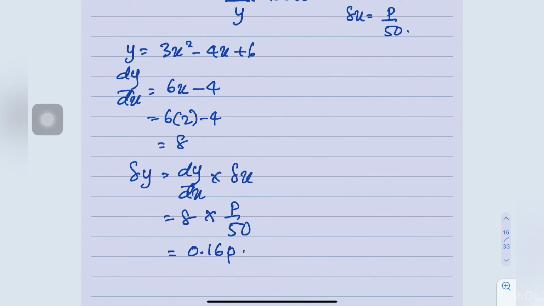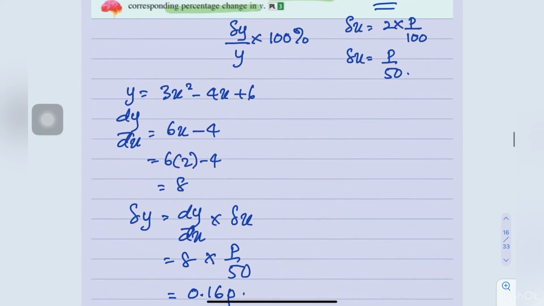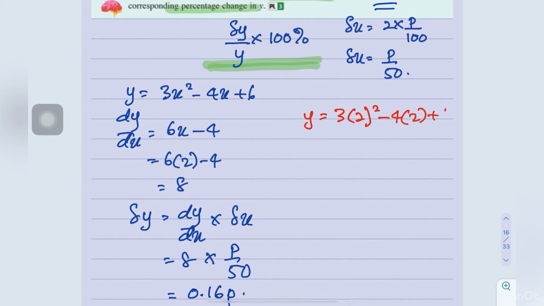Okay, so just now we are going to find this. To find the corresponding percentage change in y, meaning that delta y over y, we need the value of y. So you have to find the initial original y. So y equals 3 times 2 squared minus 4 times 2 plus 6.